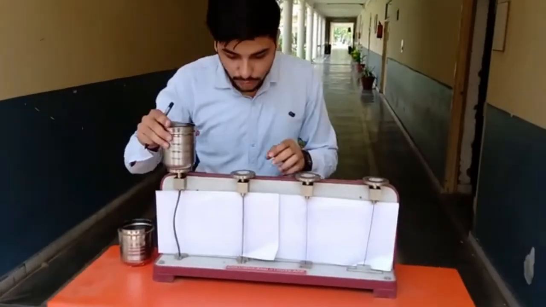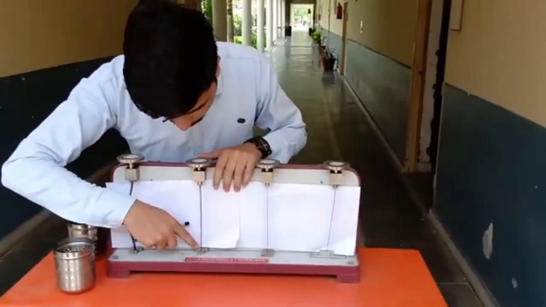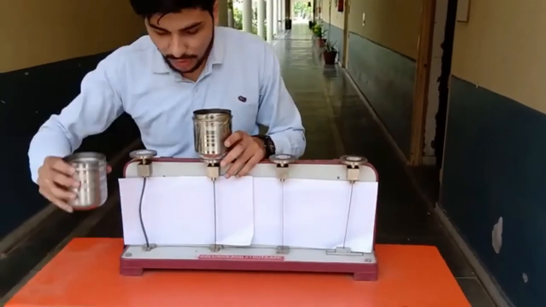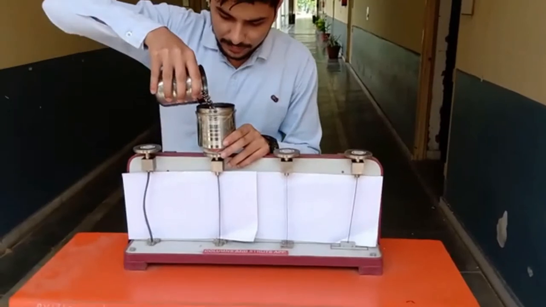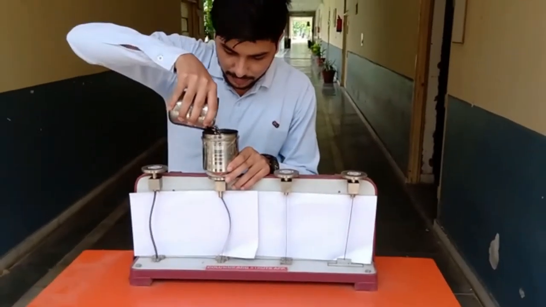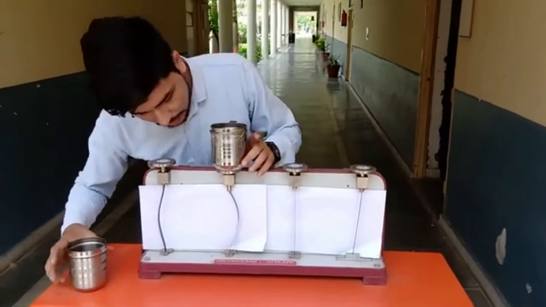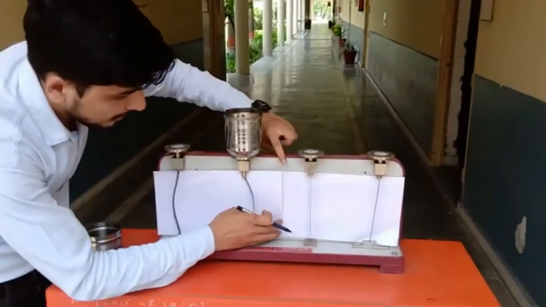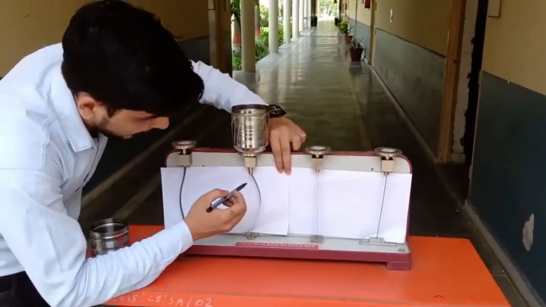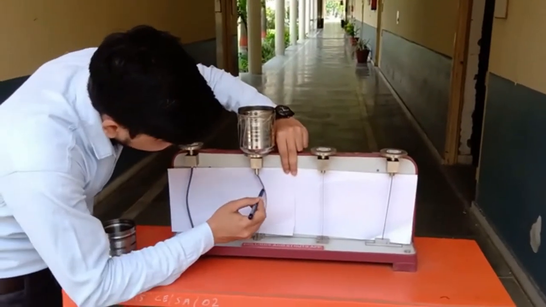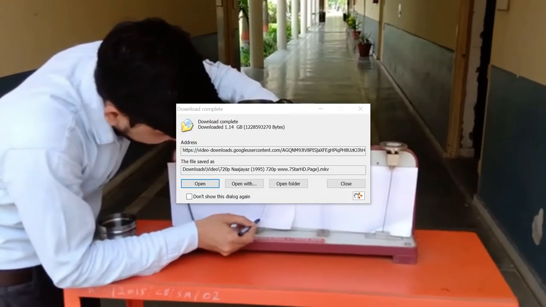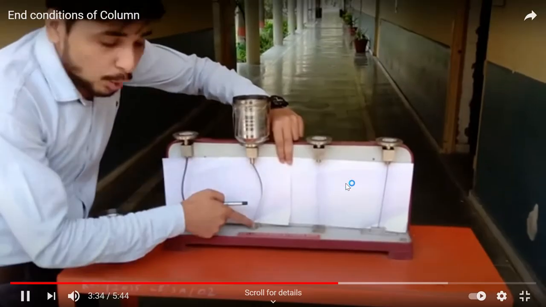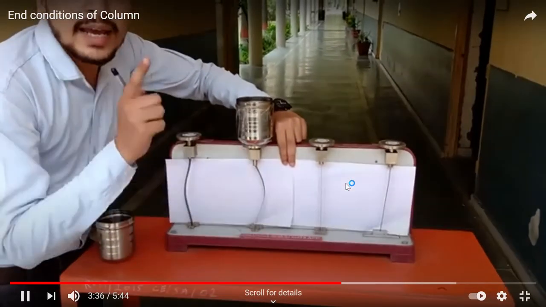I am going to apply the load like this. You can see here, when I apply the load, the column bends. Now I draw the structure. It will look like this. This is the effective length, and for one end fixed and the other hinged it is L equals L upon root 2.